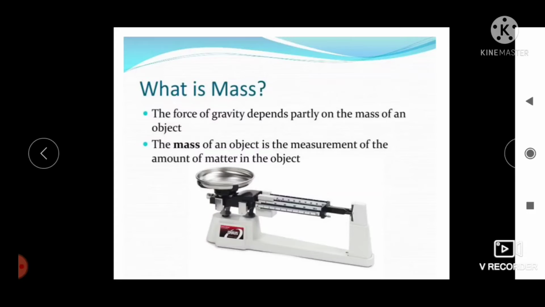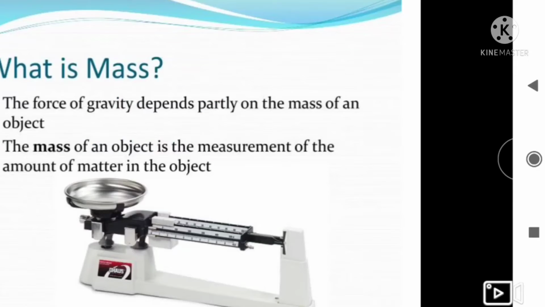What is mass? Are mass and weight the same? Let's look. The mass of an object is the measurement of the amount of matter in the object. Mass is the quantity or amount of matter present in any object, and the mass of an object remains unchanged irrespective of its location and position.